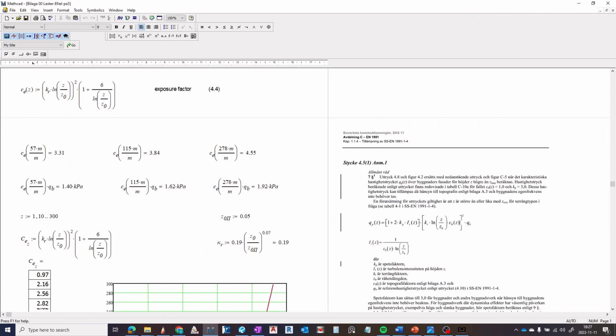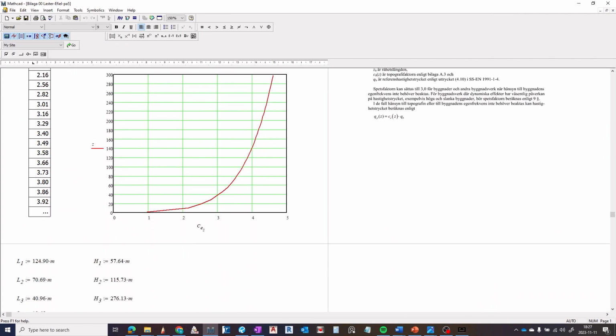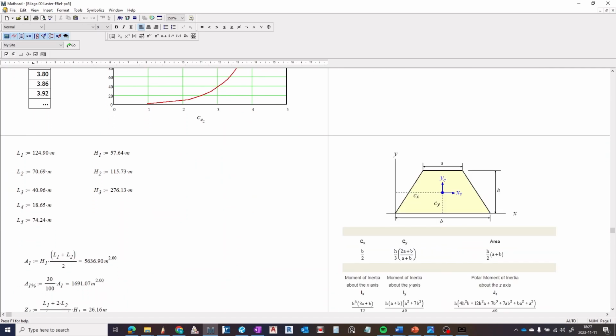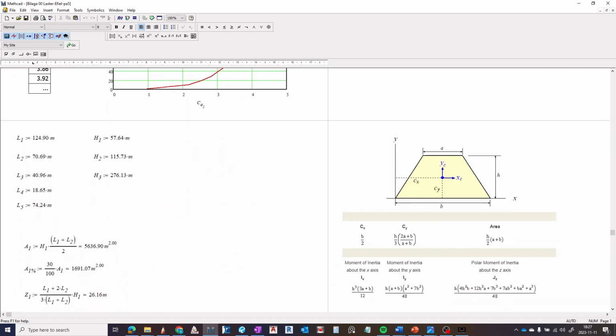You find here the different levels, and you have the length as well from the base of each level.